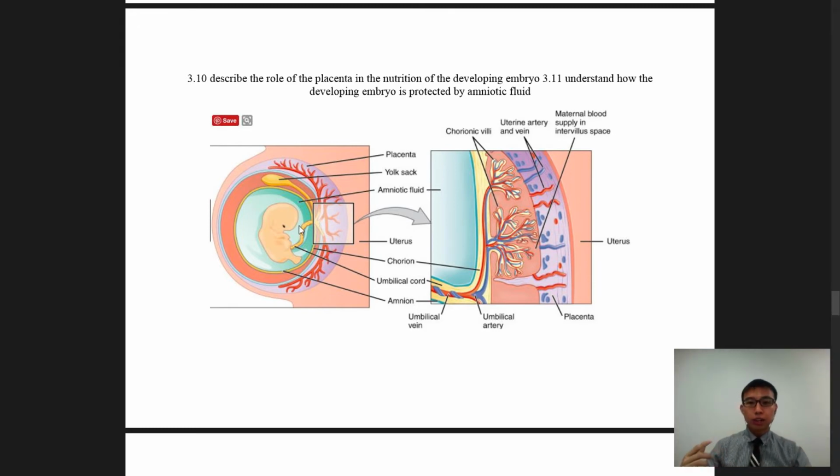At the same time, the placenta is in charge of the exchange of nutrients between blood from the fetus and blood from the mother. The blood will not mix, so they will be in close proximity, and there will be the exchange of nutrients, let's say glucose and oxygen, and the wastes could be urea and CO2. And this is what's going to happen in here.